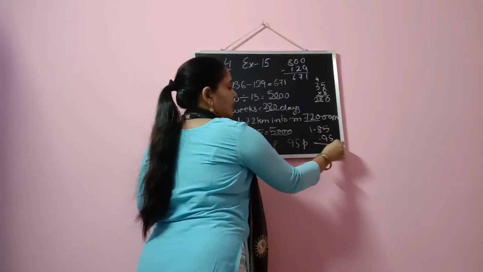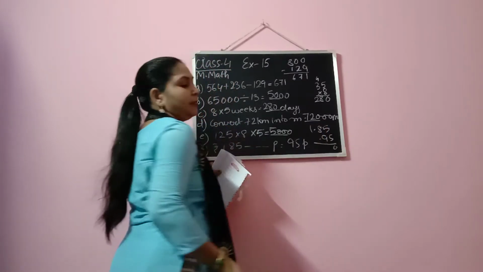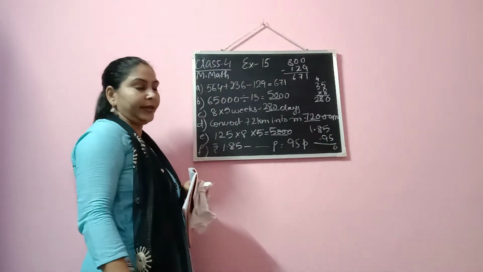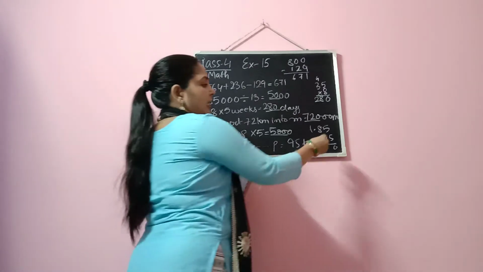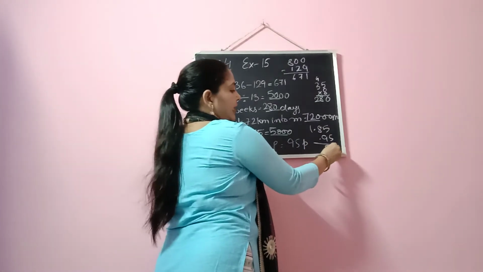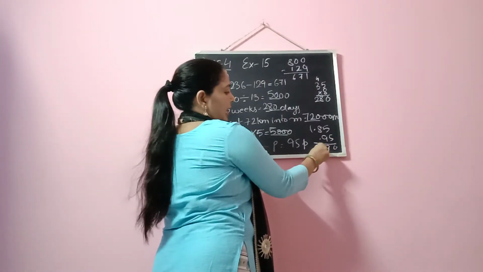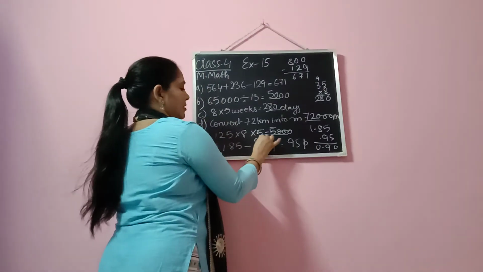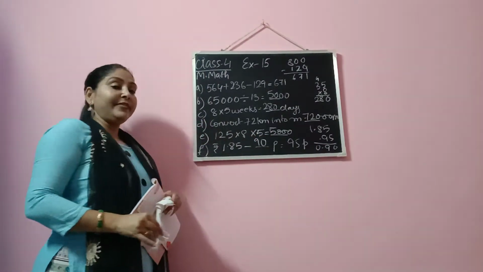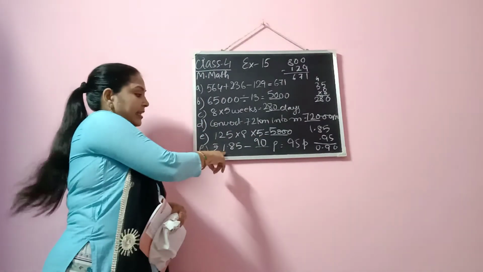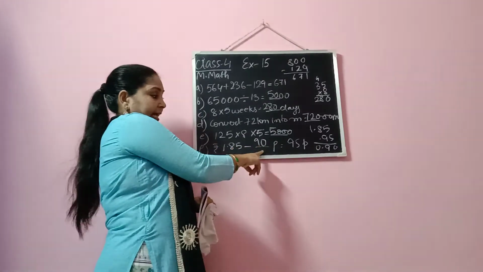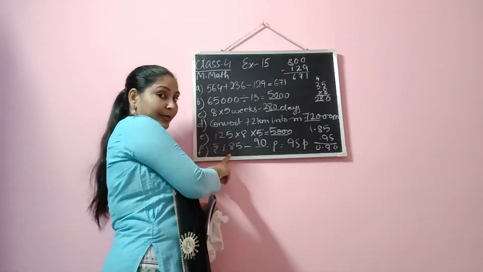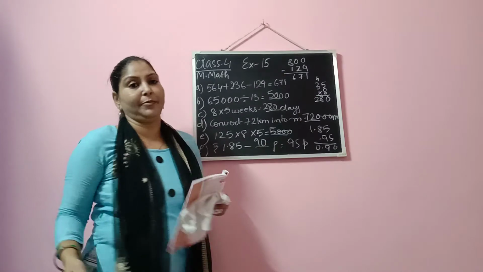Okay. So what comes? Now we will borrow from 1 rupee here. 18 minus 9 is 9 only comes. Okay. And here 0. So when we subtract 90 paise from 1 rupee 85 paise, then we get 95 paise.